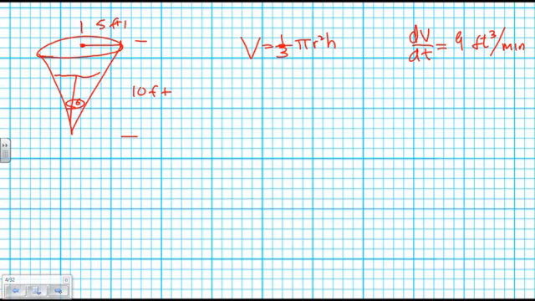All right. So when this is 6 feet tall, how big is the radius here? There we go. Could you use a proportion?